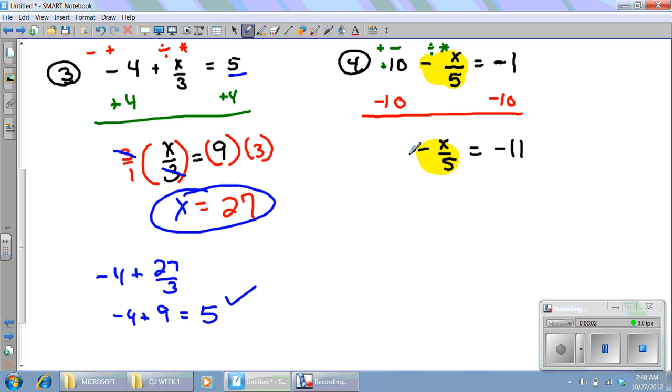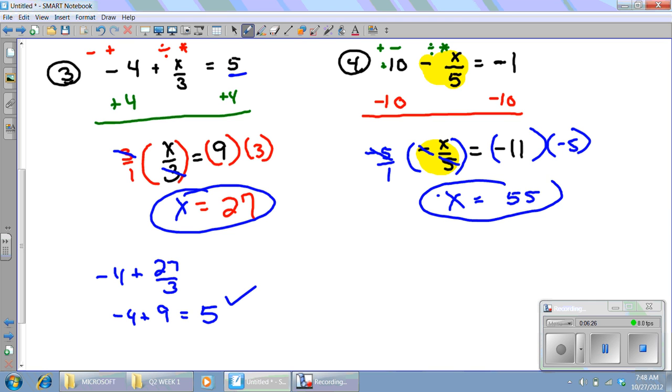All right. I'm going to multiply the left-hand side by negative 5. And I'm going to multiply the right-hand side by negative 5. I'll do the hard side first. 11 times 5 is 55. And the negative times the negative is positive. The negative 5s will cancel, leaving me with just an x. And there we go.